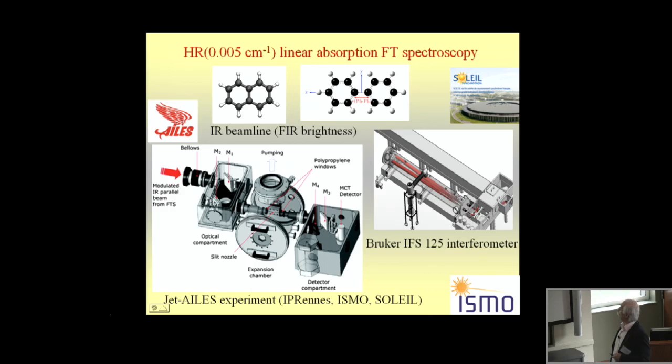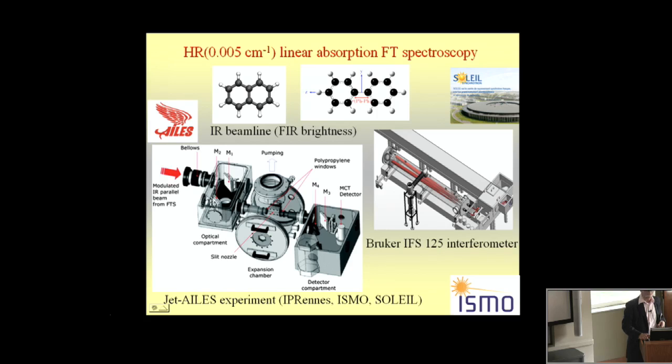And one of the things which has been possible to do recently, together with the Institute in Rennes and people of Soleil, of course, is to set up a slit nozzle expansion chamber in which we can do direct absorption thanks to the FTIR.